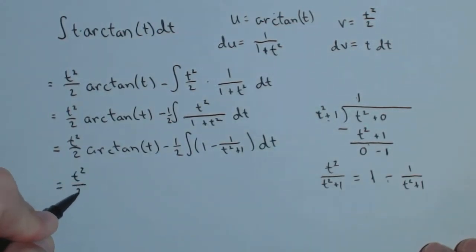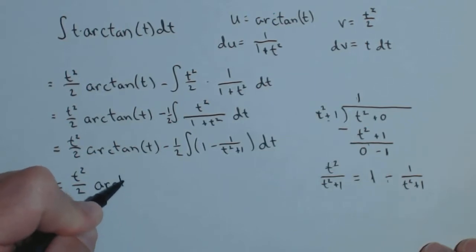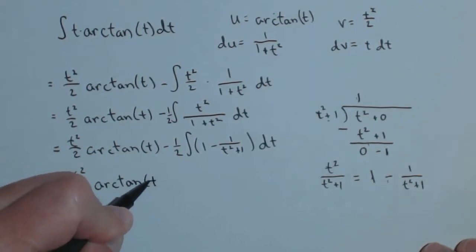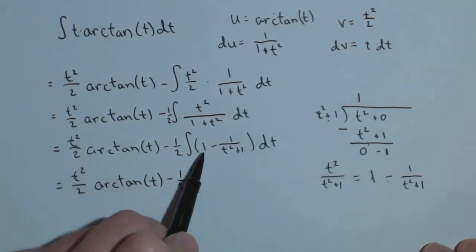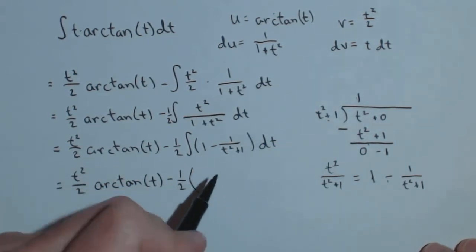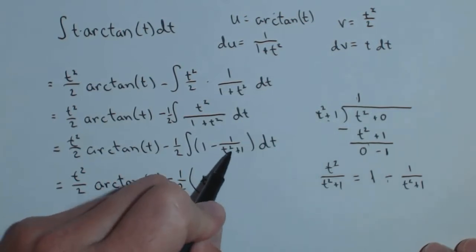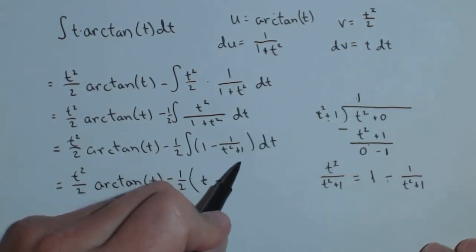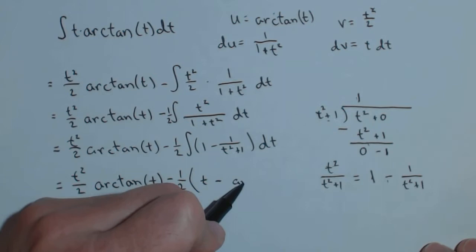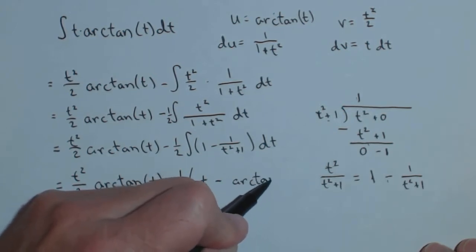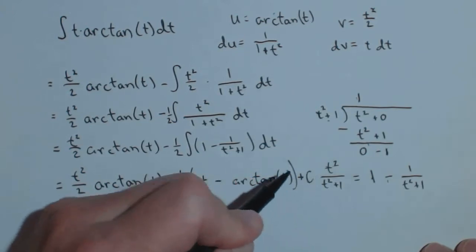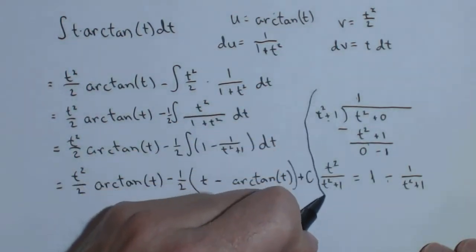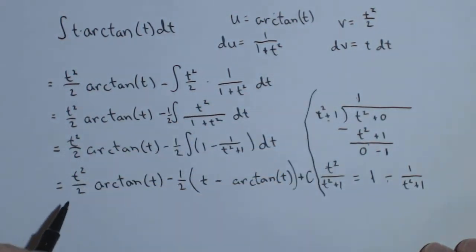So the t squared over 2 arctan of t is already done. So minus 1/2. The antiderivative of 1 is just t, and the antiderivative of 1 over t squared plus 1, well, we know that that's arctan of t. And then we have our plus c at the end.